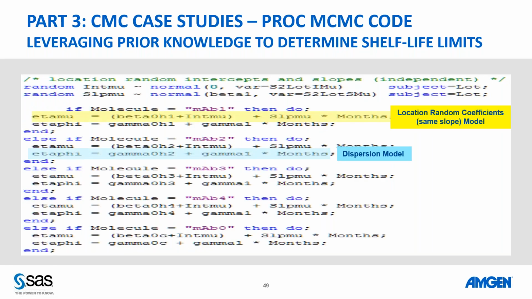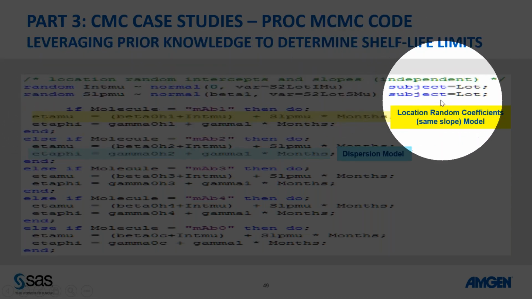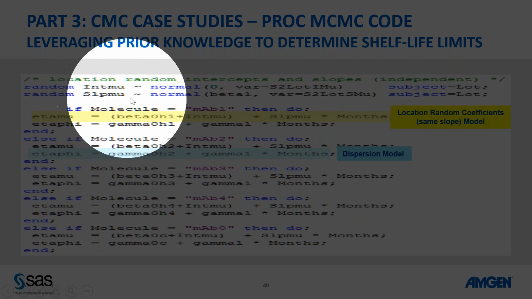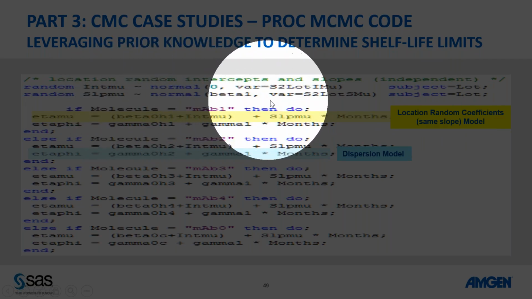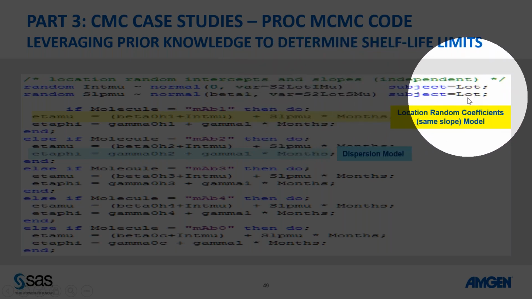So this is the piece of code that is dealing with the random effects here. The random effects are just random effects, and say has a normal prior with a hyperparameter, which we had prior in the first page, and then there is a subject which tells you lot-to-lot variations of it.